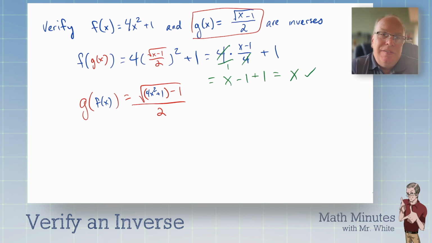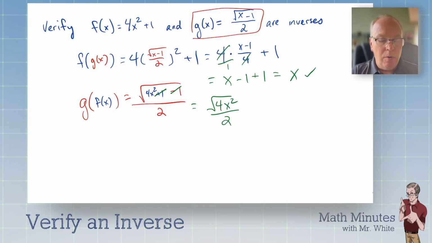Now, technically, those parentheses are optional, so let me try to delete those here. I'm going to delete that one and delete that one. Now, inside the radical, you see how those two add up to 0. They cancel each other. So we get the square root of 4x squared all over 2.